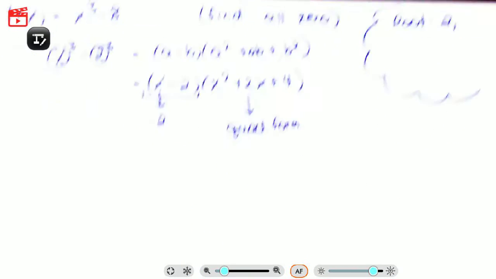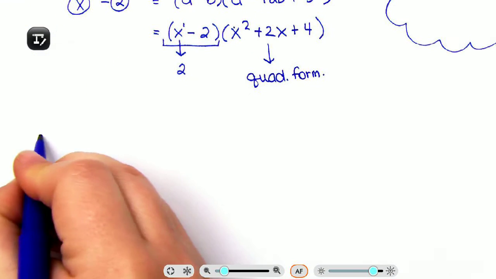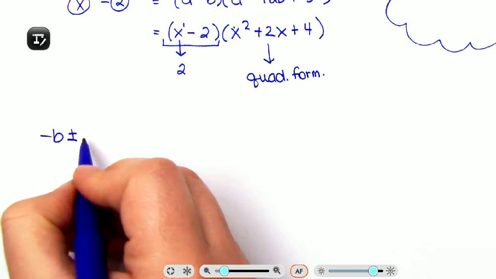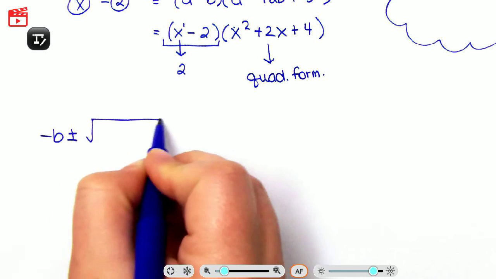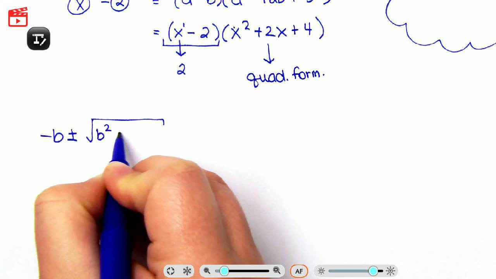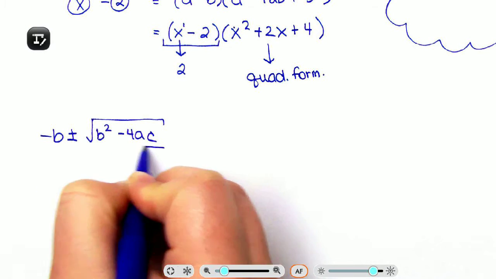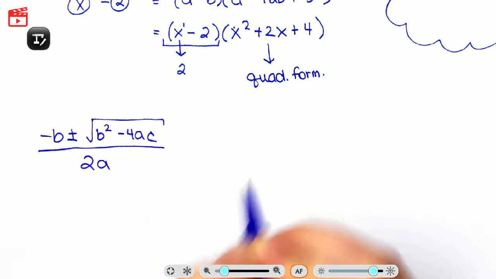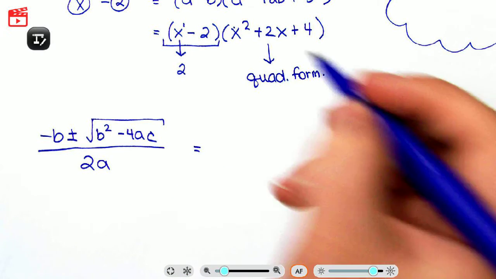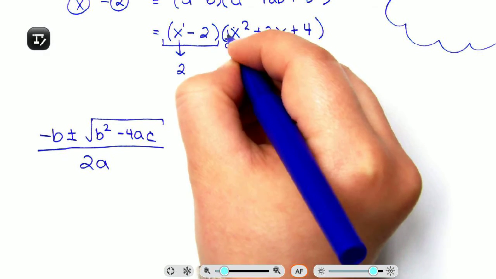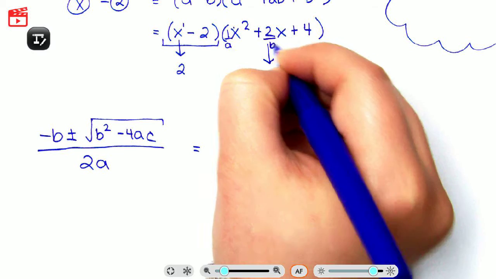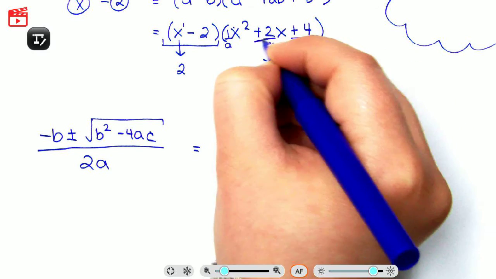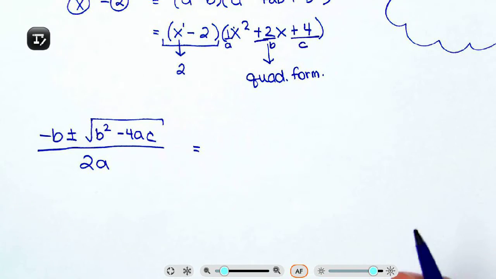Okay, so the quadratic formula is negative b plus or minus the square root of b squared minus 4ac, divided by 2a. So let's start substituting. Again, a is 1, b is 2, c is 4, and again, make sure you're grabbing the sign next to it in case you have a negative.